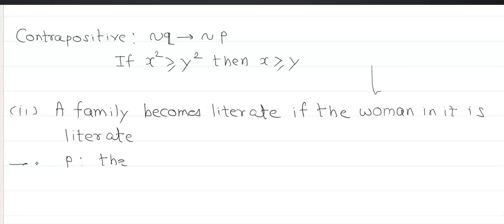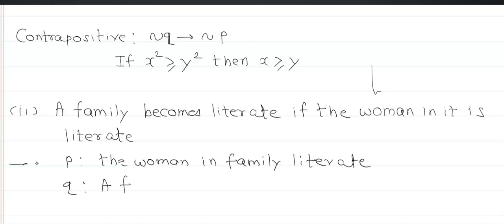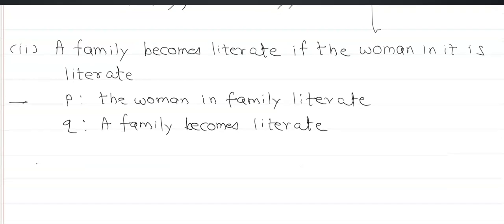P: the woman in the family is literate. Q: a family becomes literate. Now the given statement is P implies Q. Woman is literate, family becomes literate.